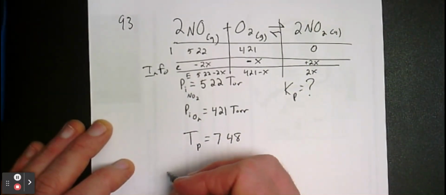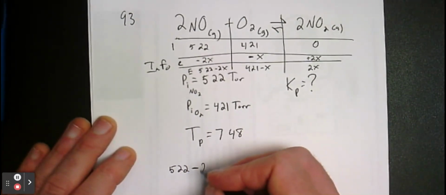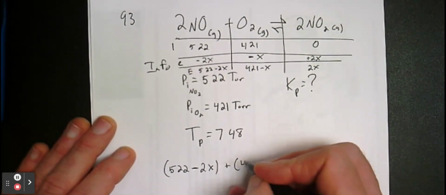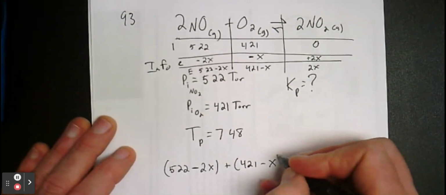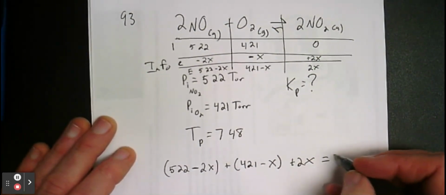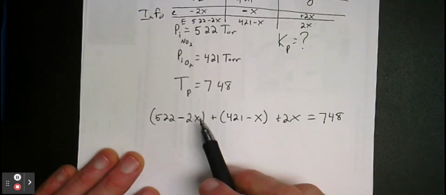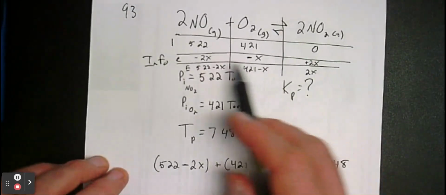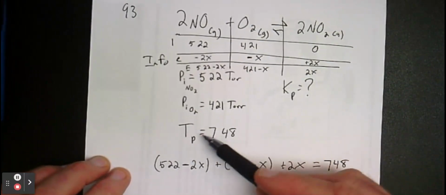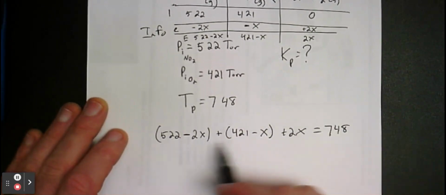And the total would be 522 plus 421 minus x plus 2x equals 748. Okay? So using this ICE table, that's what I get. Now I know this is the total pressure, so I can solve this in terms of x.